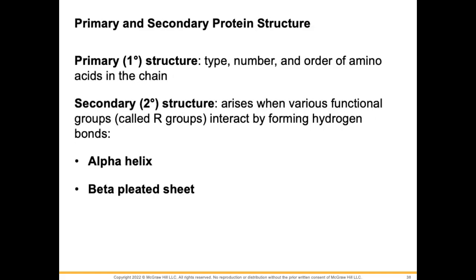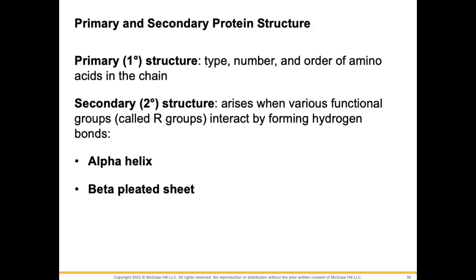So primary is simple. I think of it like if you're crocheting and you just do one long string of crocheting. It really doesn't do much. It's not a very important protein, right? If I just crochet one long string of yarn, then it's not very useful.